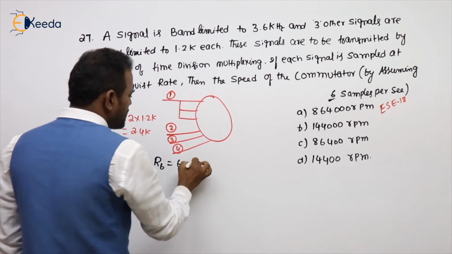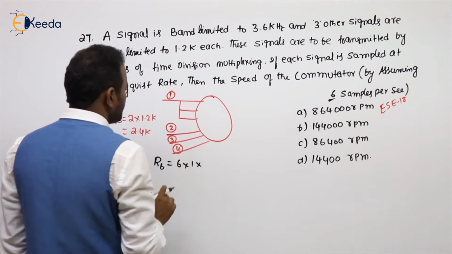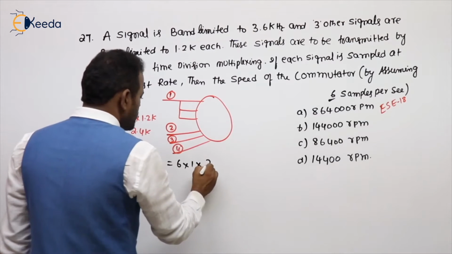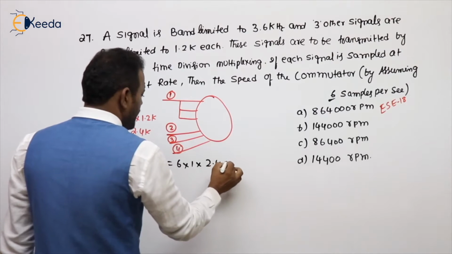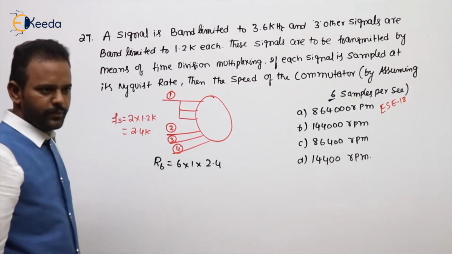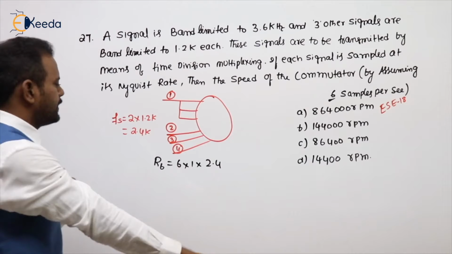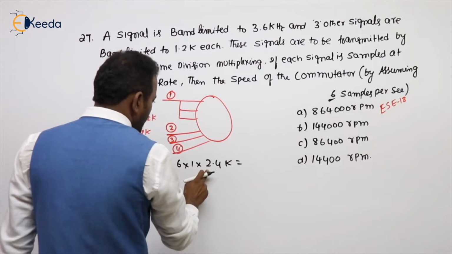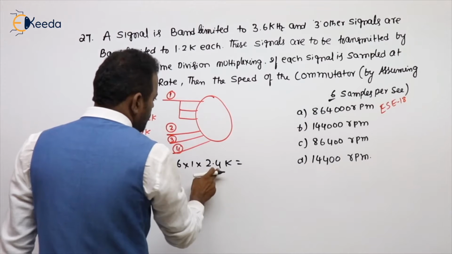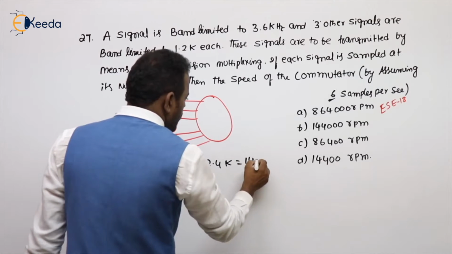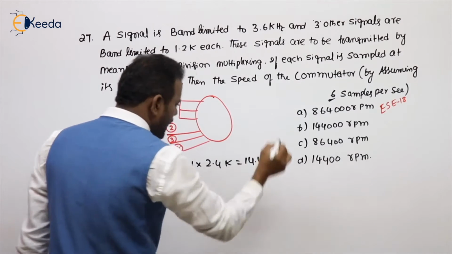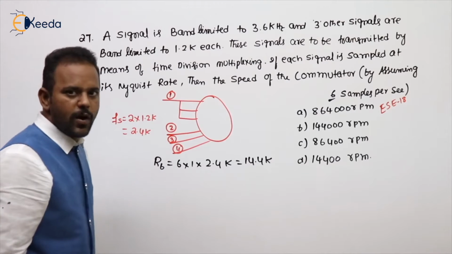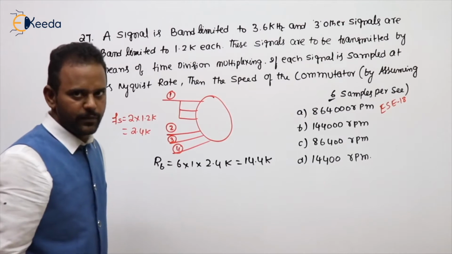Small n is not mentioned, so let's take 1, into Fs. What is the Fs, sir? 2.4k, I am maintaining. Are you getting my point? Then 2.4k. Let's see, 6 twos are 12. This is 2.4, so 14.4 kbps, sir. This is the RB value.